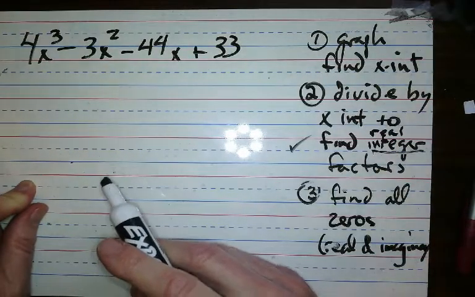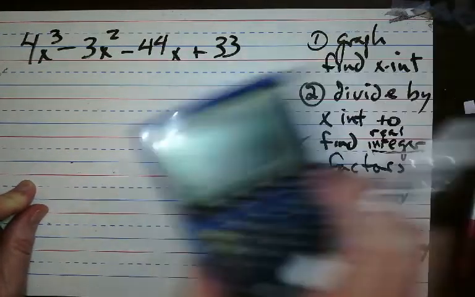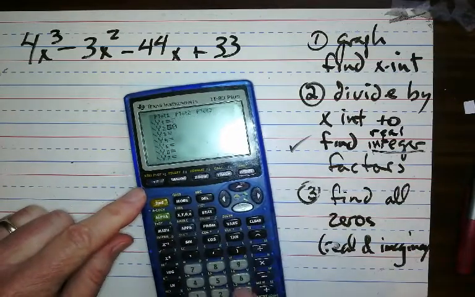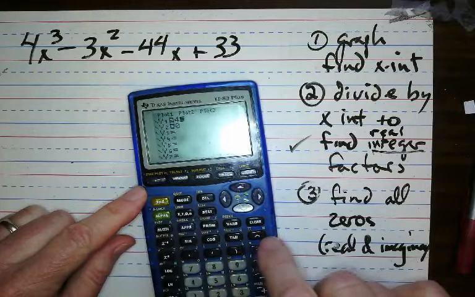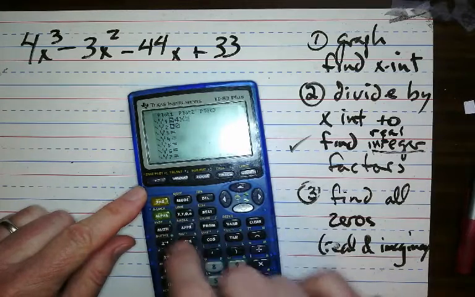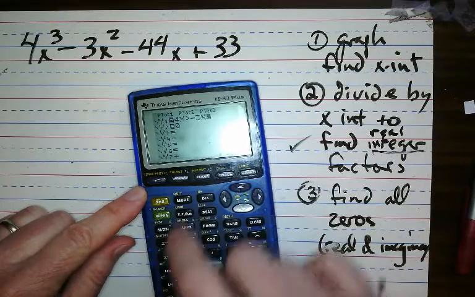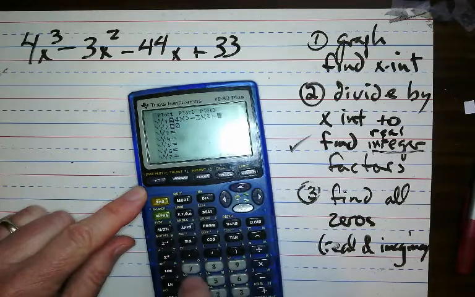Wow, how about that? Okay, first step, grab it, see what we have. So 4x cubed minus 3x squared minus 44x plus 33.